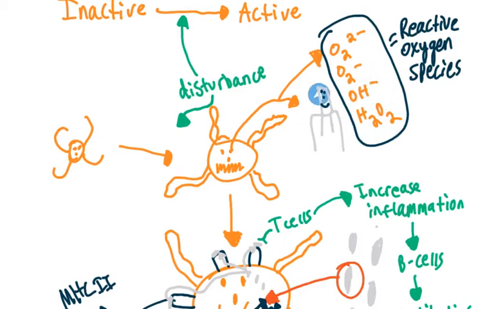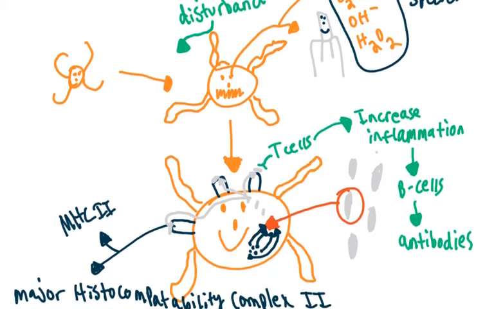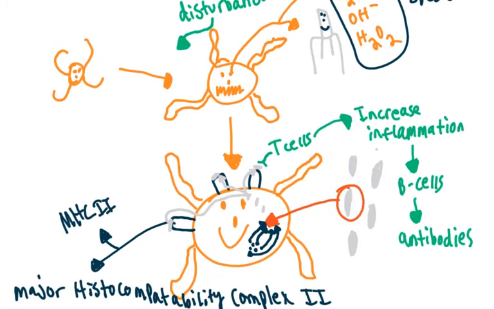Then it breaks this virus into smaller constituent proteins. Then it takes these proteins and phagocytoses them through endocytosis. Then it breaks those proteins into smaller protein antigens, takes those antigens, and presents them on its cell in the MHC2, which attracts T cells to bind and make increased inflammation.